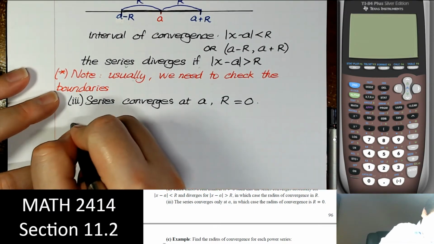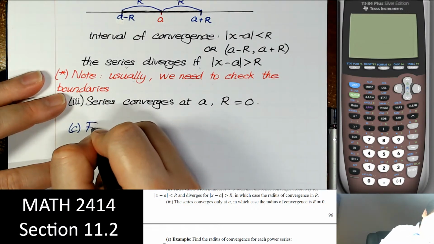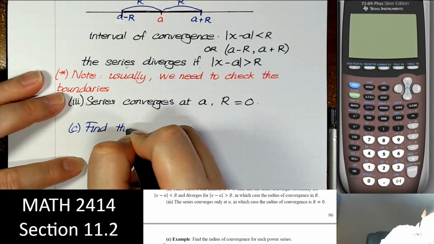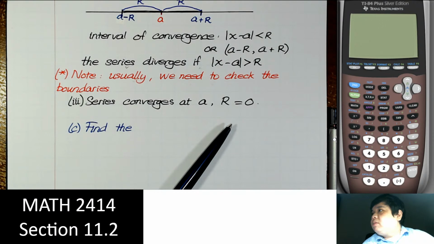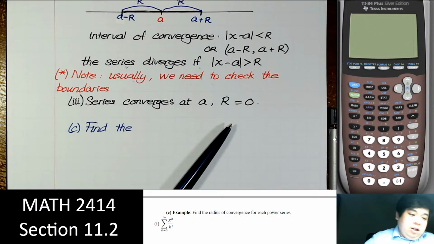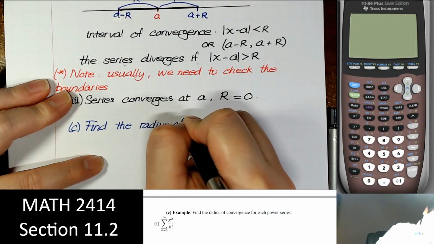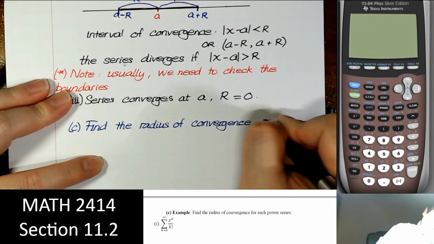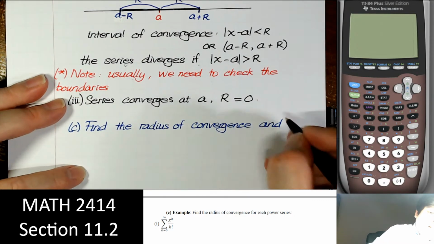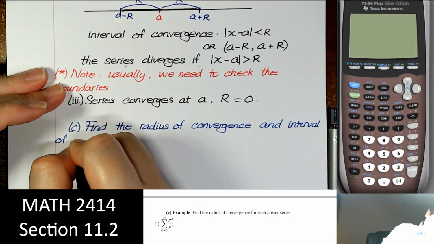Let's go to examples. Find the radius of convergence and interval of convergence.